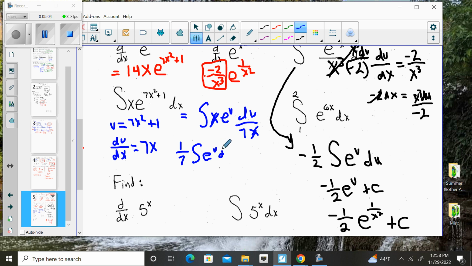My favorite problem ever, because the answer to the integral of e to the u du is e to the u plus c. So I'm going to jump right to replacing u with its equal, which was the 7x. And again, let me stress, the exponent never changes. Plus c.